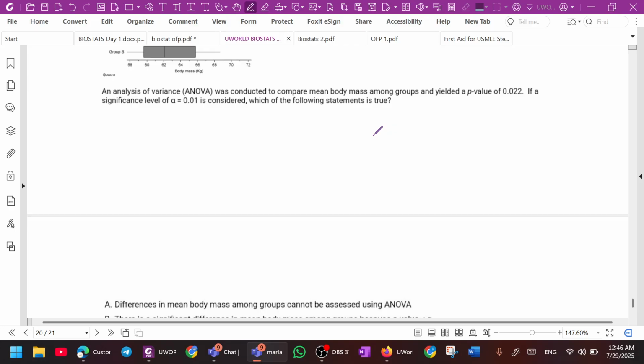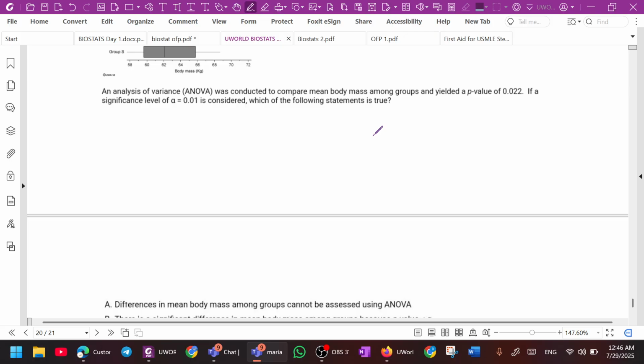So this researcher in our question said 0.01. They set the alpha to 0.01. So you cannot use the 0.05 here. He gave you the alpha that he wants. It's not 0.05.